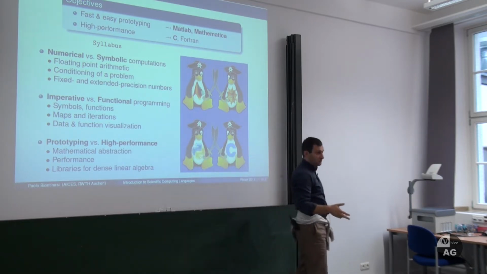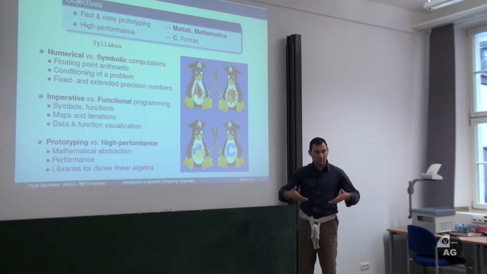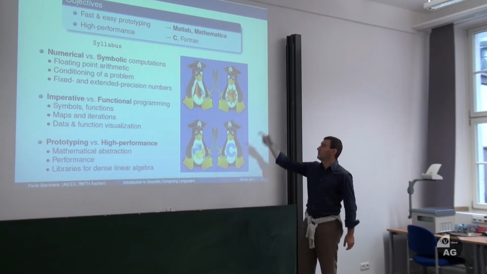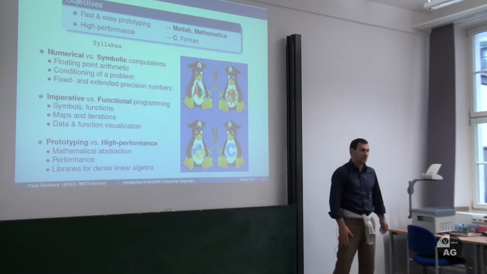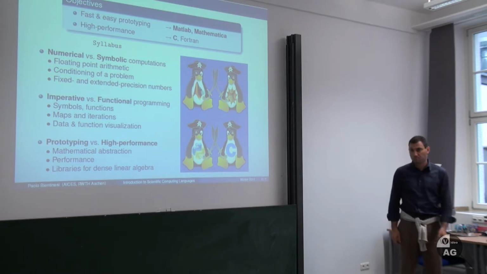Most of you will struggle, so I prefer to spend an extra lecture there and explain things more thoroughly than do something you can anyway do in Matlab, Mathematica, or C.